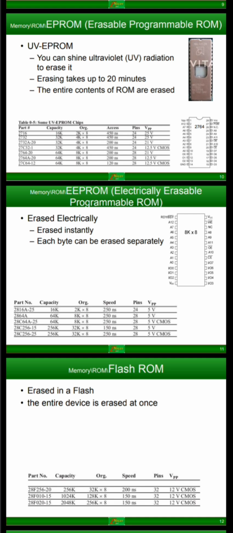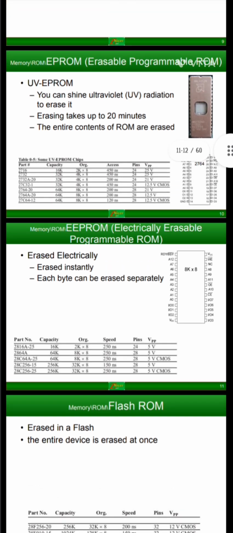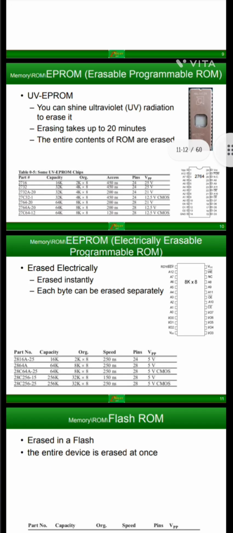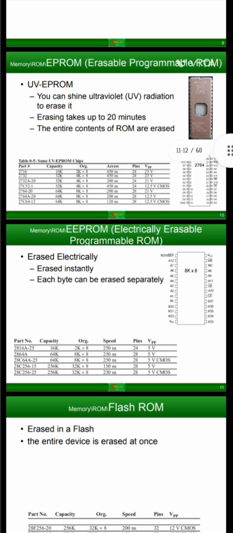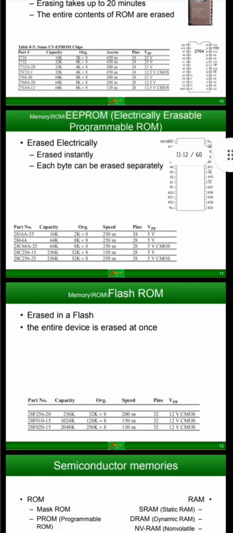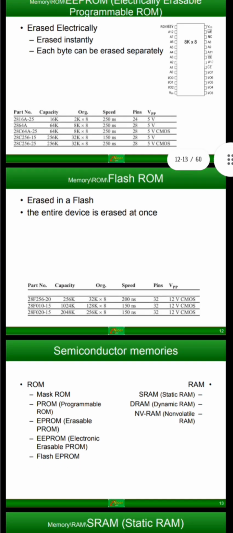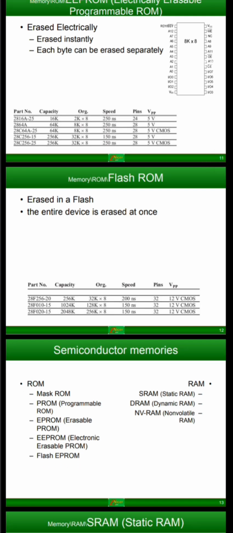Part number 28C16. Its capacity is 16K and its organization is 2K by 8. Its speed is greater than that of the erasable programmable ROM. It has a similar 24 pins, but it operates at 5 volts.